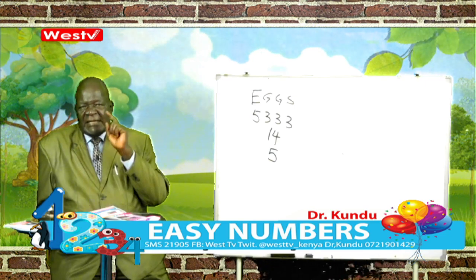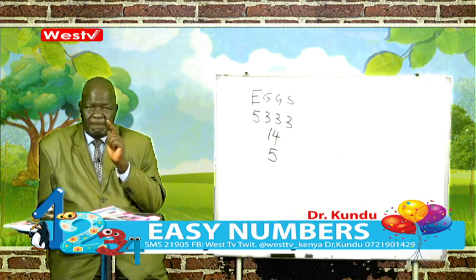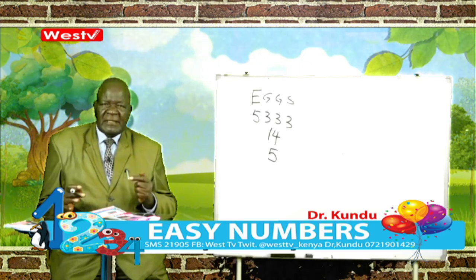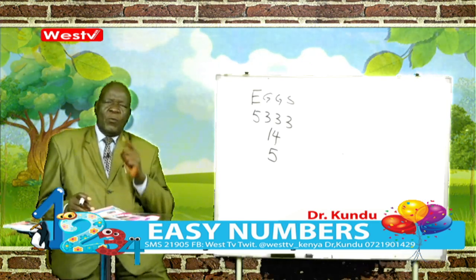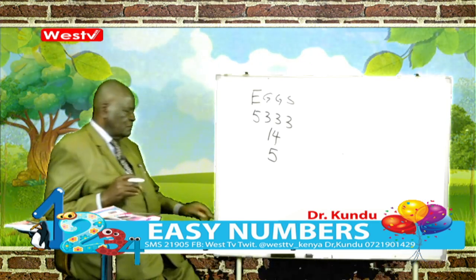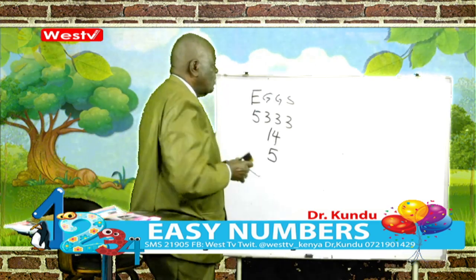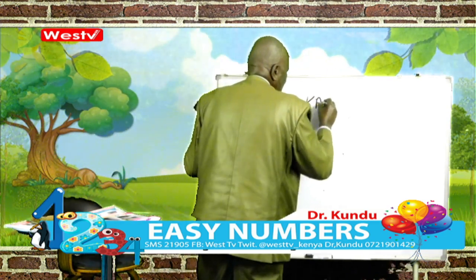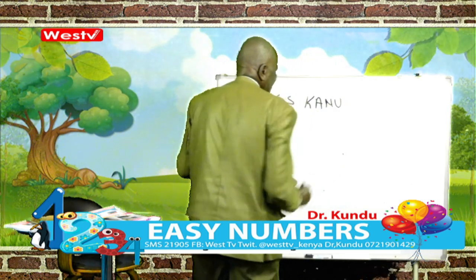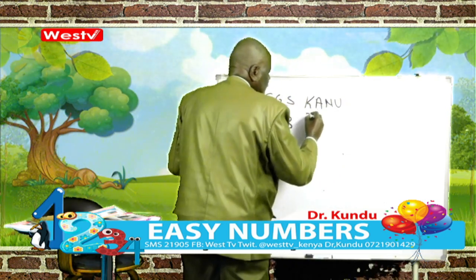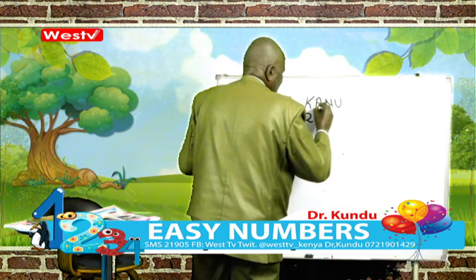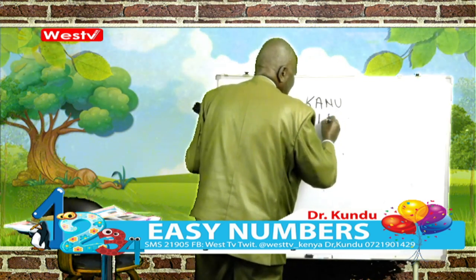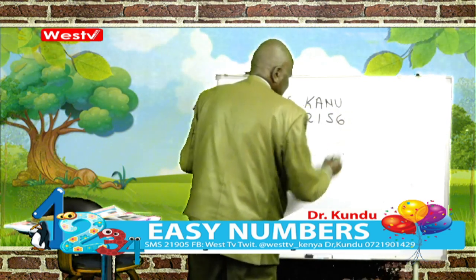And when he entered into politics, the party that built his political career was the party KANU. Let's look at the vibrations of KANU. The K is 2, the A is 1, the N is 5, and the U is 6.